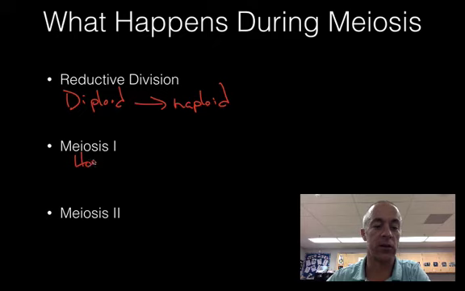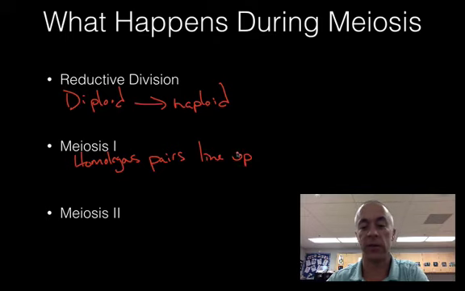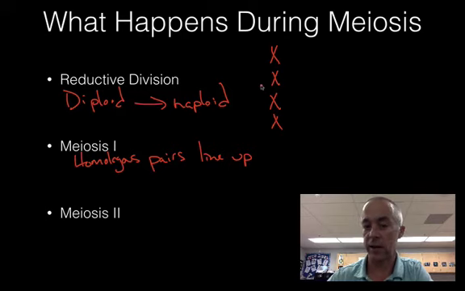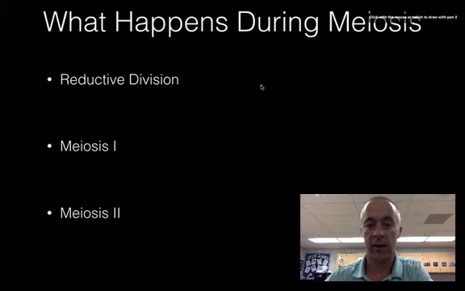So in meiosis 1, our homologous pairs are going to line up side by side, which they don't do in mitosis. In mitosis, you'll see these chromosomes kind of lining up in the cell in the middle like this. Actually, let me draw it this way.